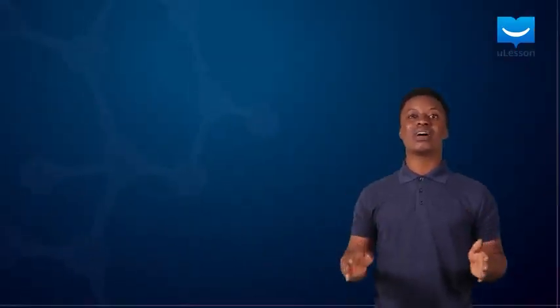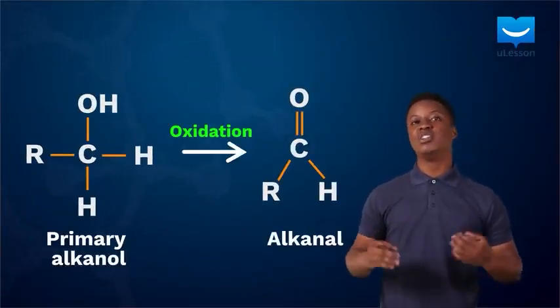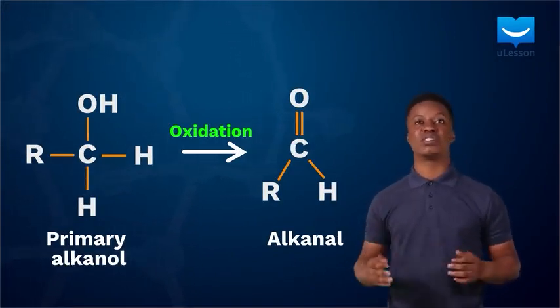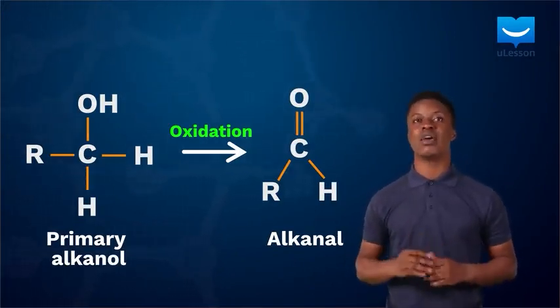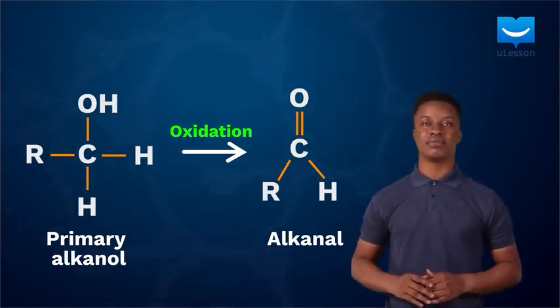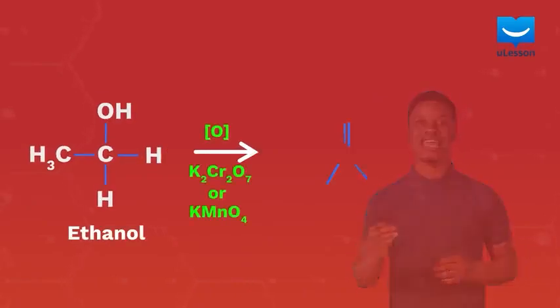Now, let's learn how alkanals and alkanones can be prepared. Alkanals can be prepared by oxidizing primary alkanols using acidified oxidizing agents like acidified potassium heptaoxodichromate(VI) or acidified potassium tetraoxomanganate(VII). I am sure you recall that ethanol undergoes this kind of reaction to yield ethanal.